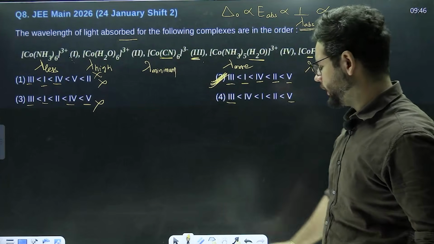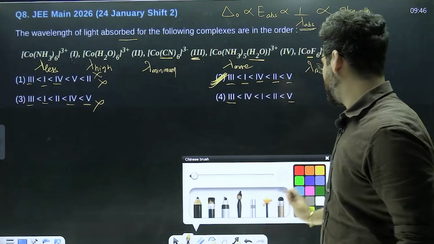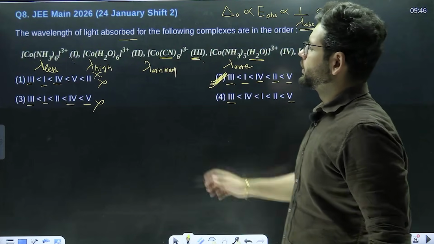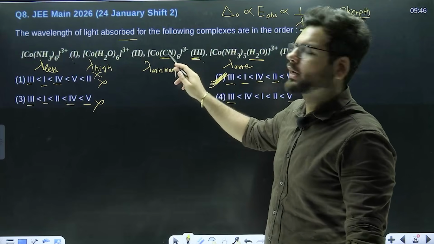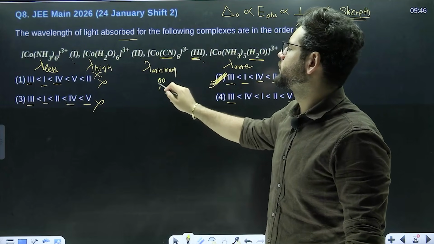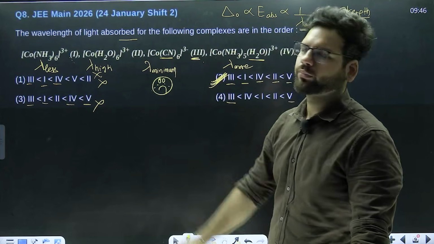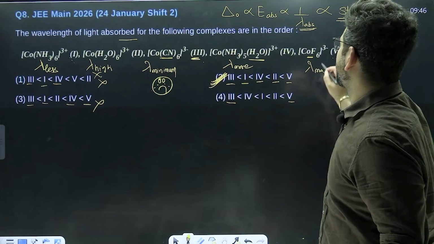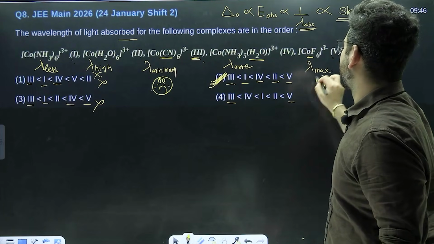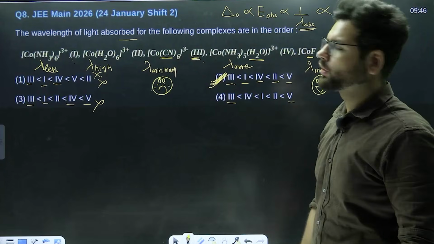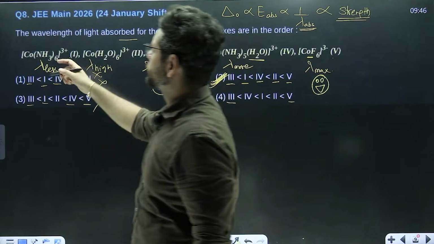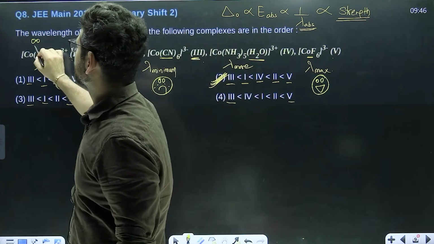Again, I am just showing you with the signs now, with some smileys. Cyanide is the strongest ligand, so it will have the least lambda, so this will be the last one, rank 4 or rank 5. This is the weakest ligand, so it will have the best lambda, [CoF6]3-. The 6 ammonias are also strong, so this is also bad.